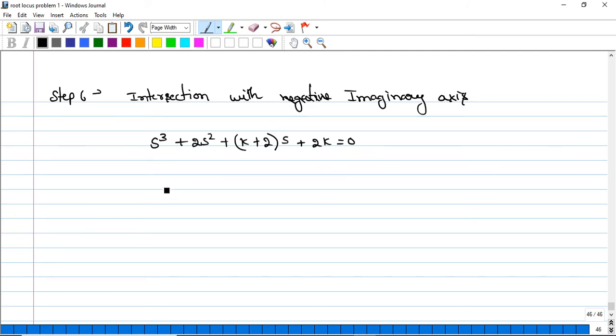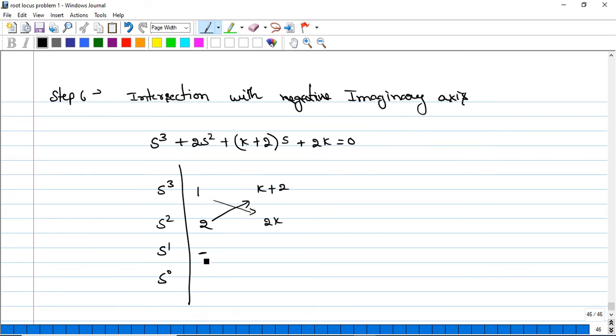So the Routh array will be s cube, s square, s1, s raised to 0. Let me fill the odd positions, that is 1, followed by k plus 2 as a constant, and the even positions, that is 2 and 2k. In order to fill this value we need to cross multiply: 2 into (k plus 2) minus 1 into 2k.